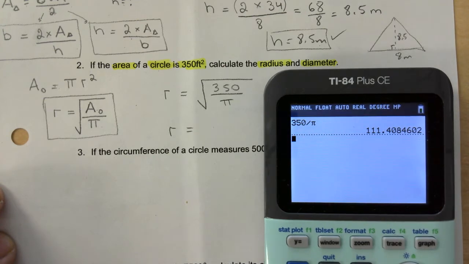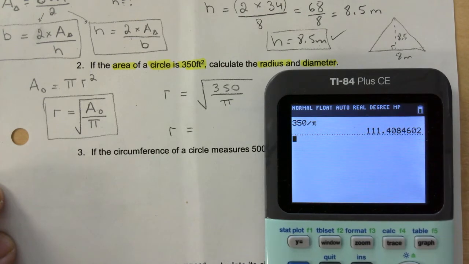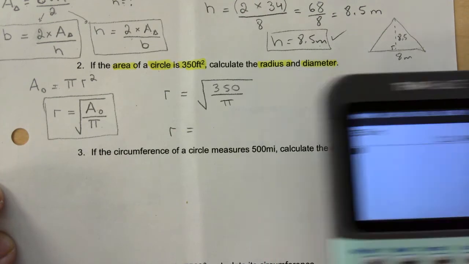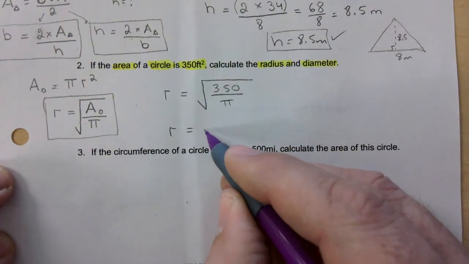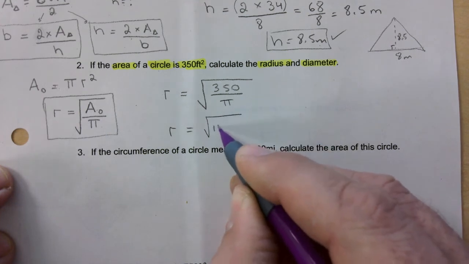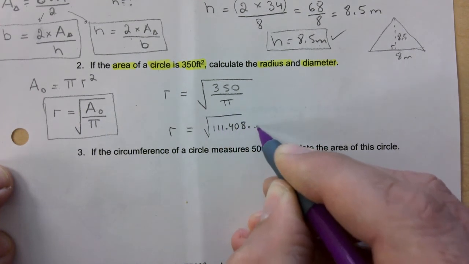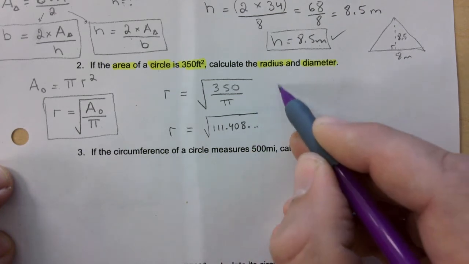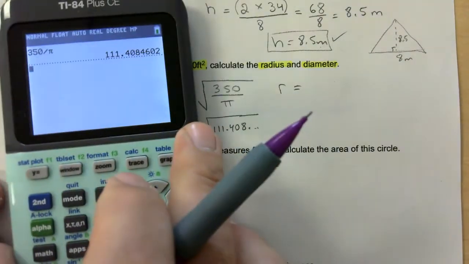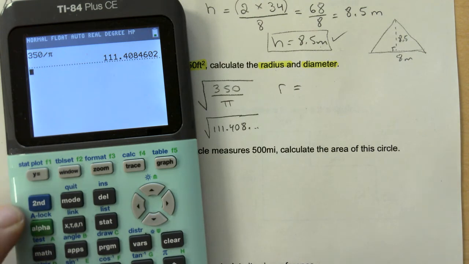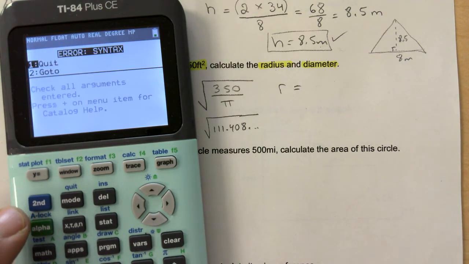So that is 11.484084. But a lot of you have good calculators, right? So you do this. You're not done yet. You just write this down, and then for r, you take the square root of it, the square root of your answer.